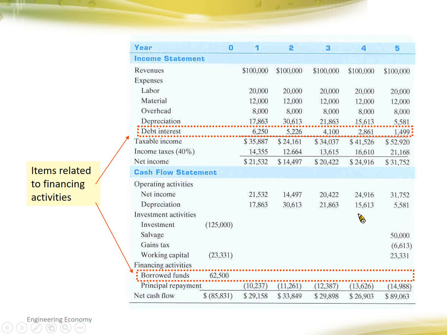Okay, so these are the breakdown of the installment, principal repayment, and debt interest. These two will be added. If you add them, you'll find that they are of the same value.